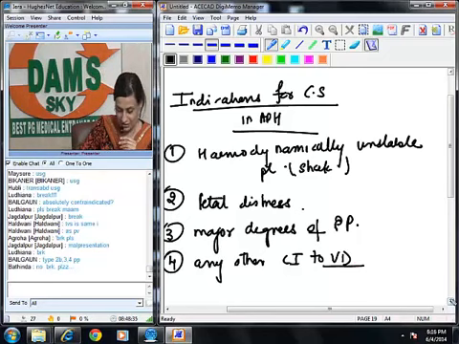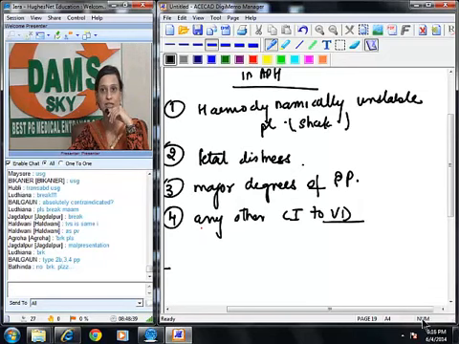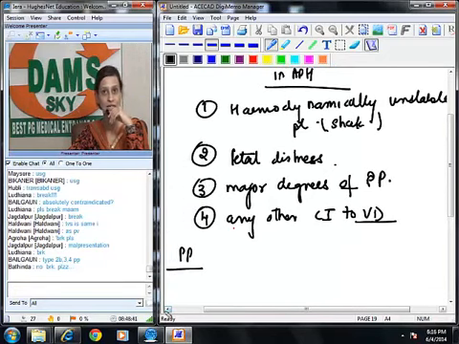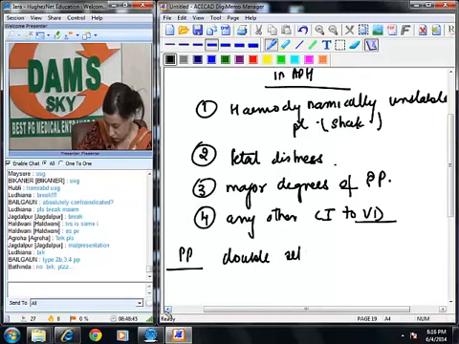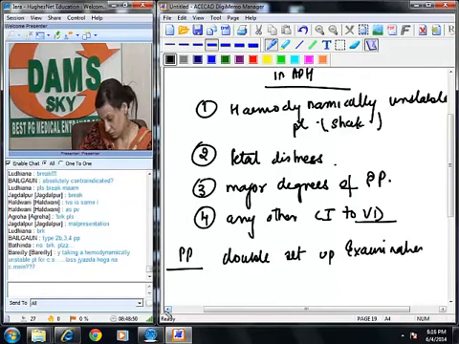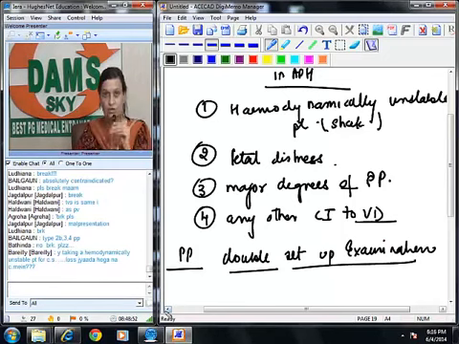Now, with respect to placenta previa, there is something else that you should know. What is that something else? It is called a double setup examination.